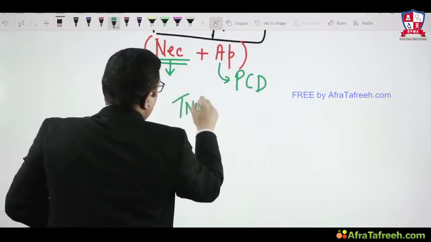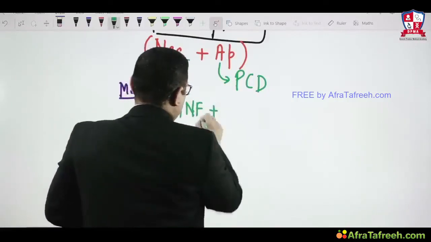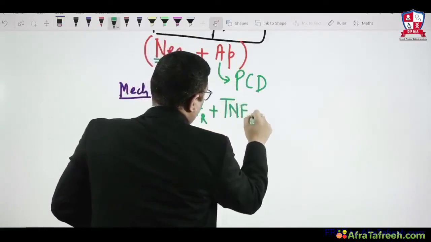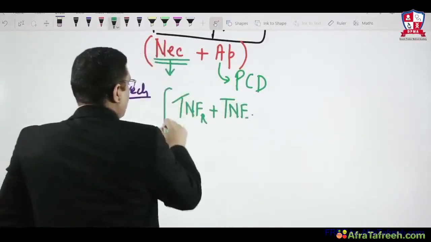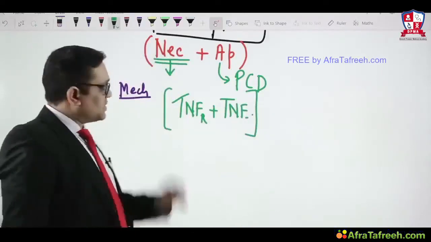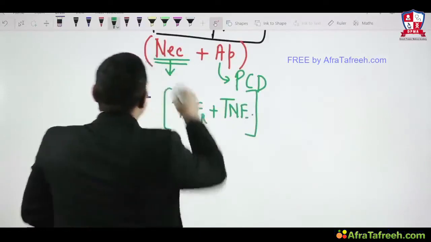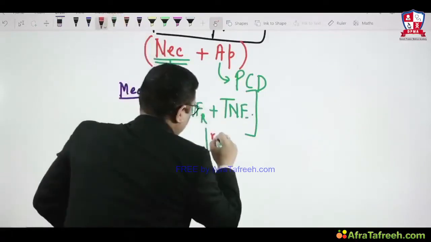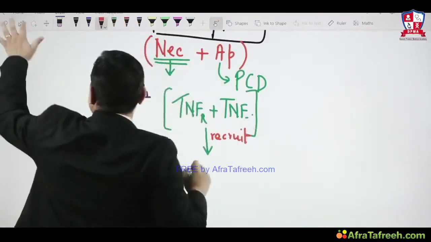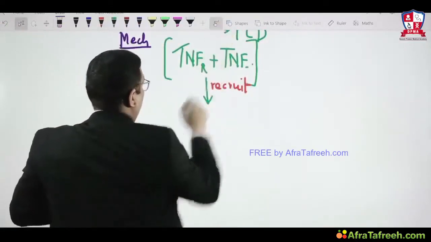When tumor necrosis factor combines with its receptor, this will activate, or you can say recruit, two important proteins called RIP1 and RIP3.